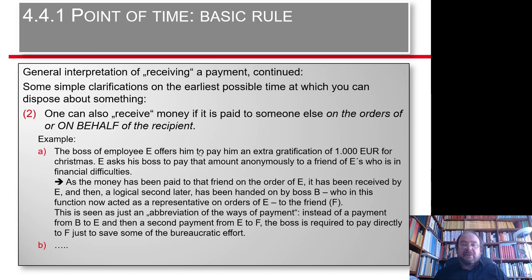Now you can also receive money by indirect ways. For example, you remember my example with the candidate in the quiz show. That candidate never got the money himself, but he just ordered the moderator to transfer the money directly to the Red Cross. So it does not come to me and I pass it on. We abbreviate the way of payment just by ordering a direct payment.